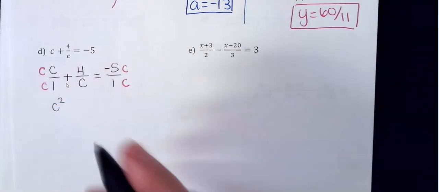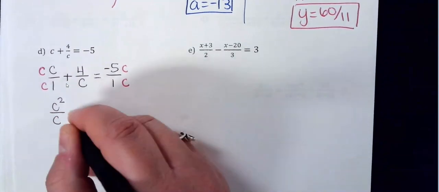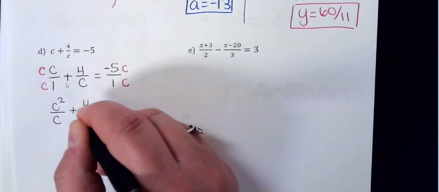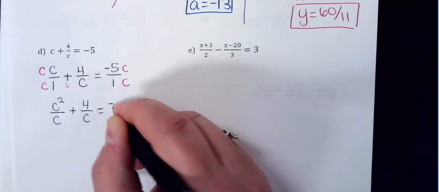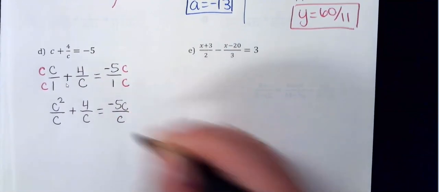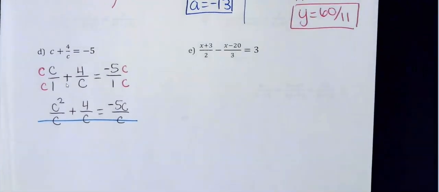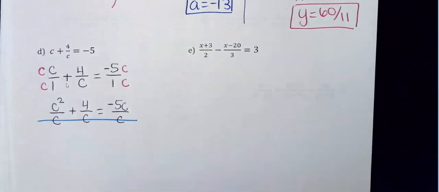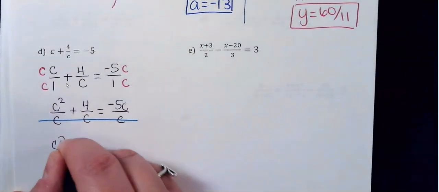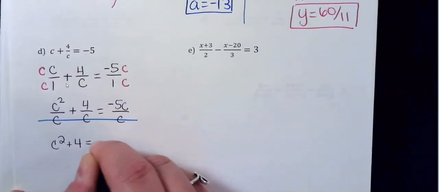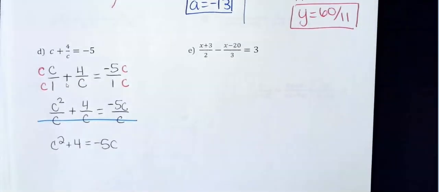This is going to be a quadratic, but don't worry, it's going to be okay. Then we have 4 over c. On the other side here, I'd have negative 5c over c. If all my denominators are equal, that forces all my numerators to be equal. So really the equation we're going to solve here is c squared plus 4 equals negative 5c.